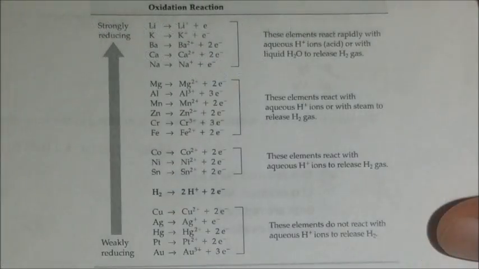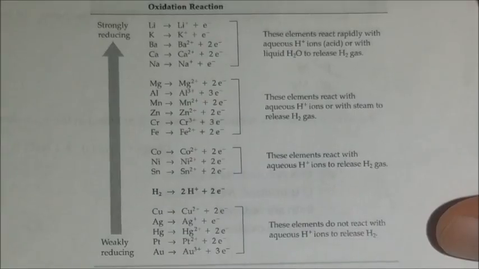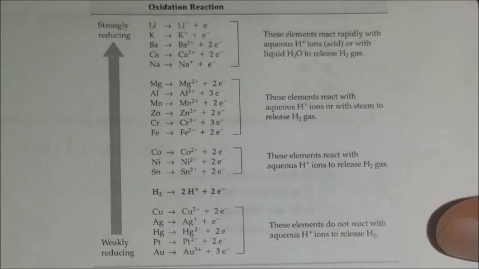Number 8 asks us to revisit the activity series and determine what the outcome would be of a reaction between sodium metal and copper ion. So let's think about this for a second. The sodium, being a metal, has a charge of 0, an oxidation number of 0.